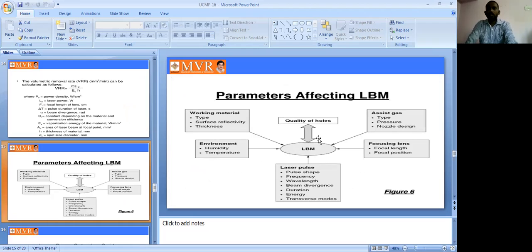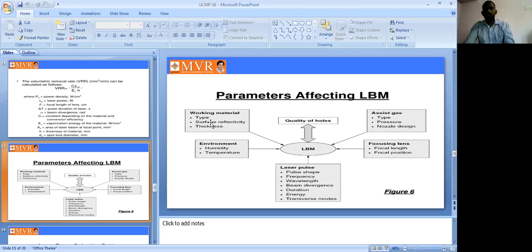First of all, the working material. Second, the environment. You will see some effect on LBM. Next, the quality of holes. Next, the laser pulse. Then assist gas and focusing lens. These are some of the major effects you can see on LBM.